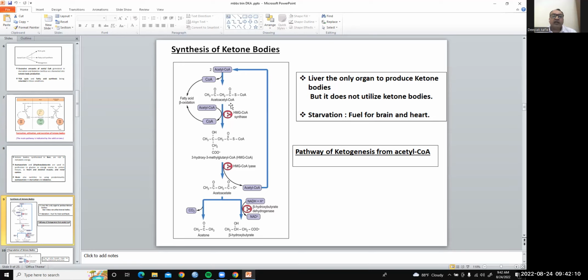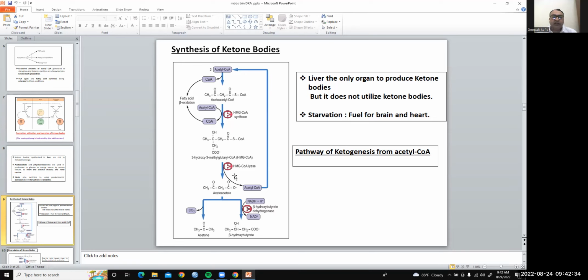Later on, this acetoacetyl-CoA will be acted on by the next enzyme, HMG-CoA synthase, with the addition of one more acetyl-CoA unit, forming 3-hydroxy 3-methylglutaryl-CoA, and this HMG-CoA synthase is the regulatory enzyme of this metabolic pathway.